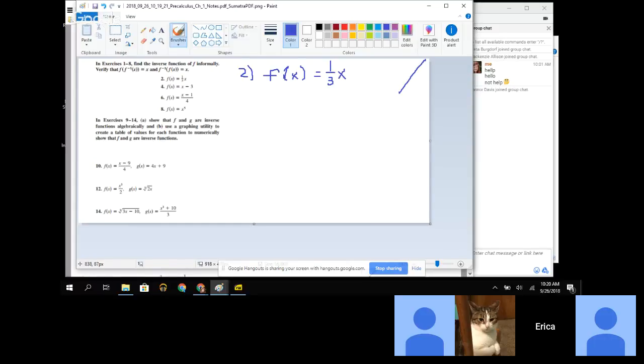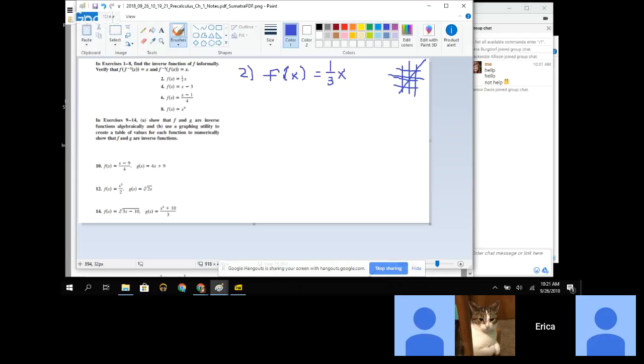When you graph 1/3 x it's a line, and it passes the vertical and the horizontal line test. Lines always do that, right? So the way you find an inverse function, step 1, if you look in the box above, says use a horizontal line test to decide whether it has an inverse. That's true.